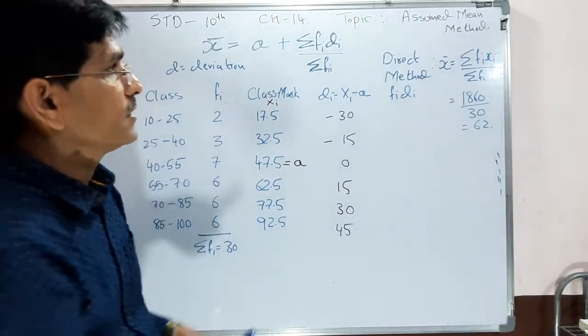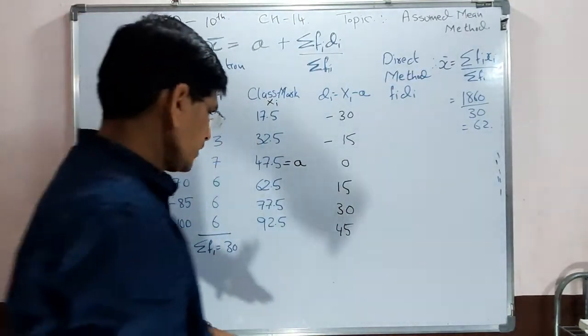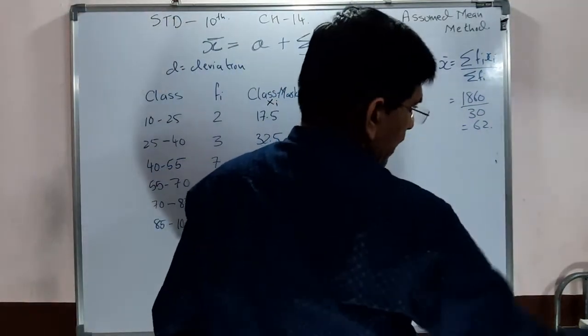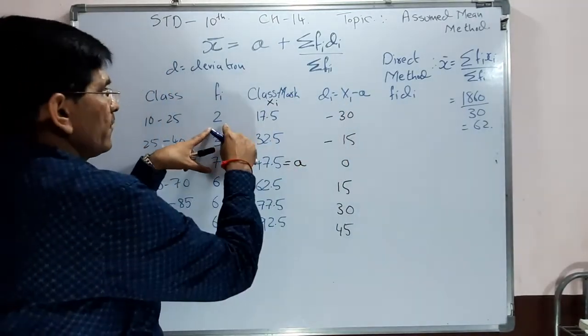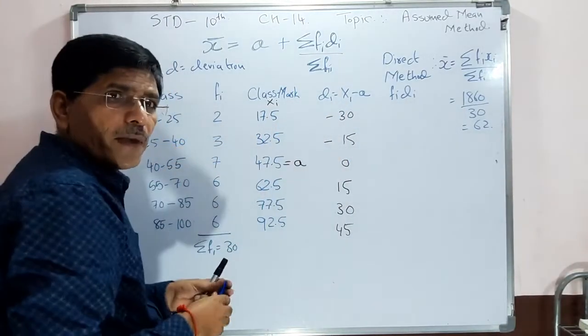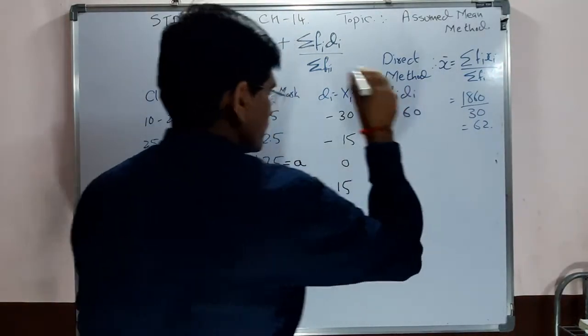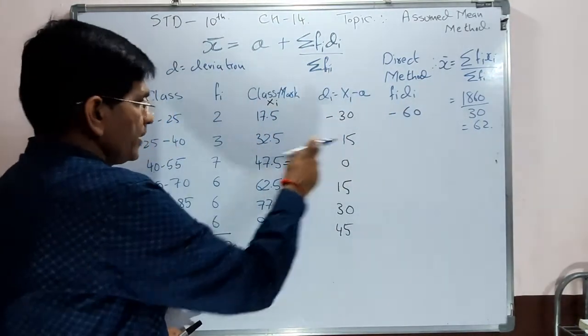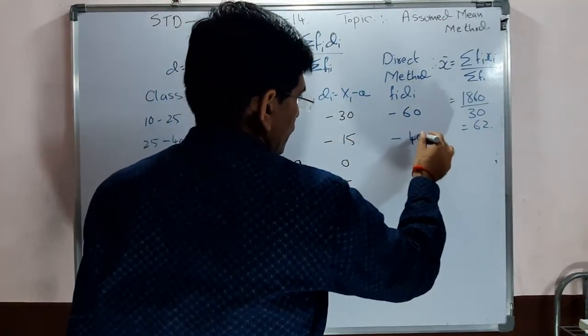Now what do we have to do? Find fi di. How can we get fi di? So f into di, that is 2 into minus 30, that is minus 60. Again 15 into 3, that is minus 45.